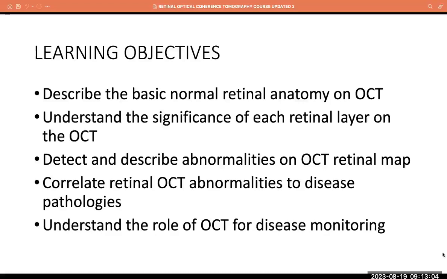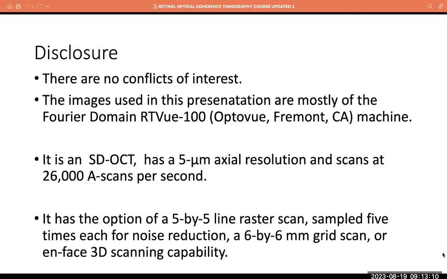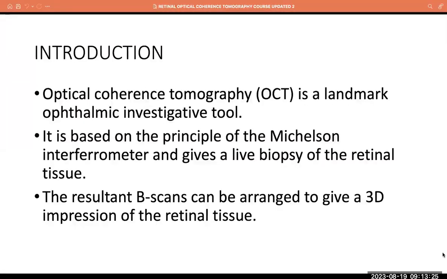I know Dr. Abdul took his time to talk about OCT in glaucoma, so I'm not going to go so deep into the basics. But the major thing is that the OCT is a landmark investigative tool in ophthalmology. The principle is the Michelson interferometer. Basically, the OCT sends laser light which is split by a beam splitter into two.